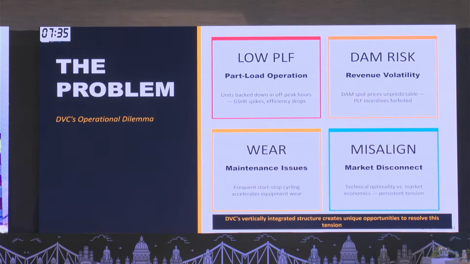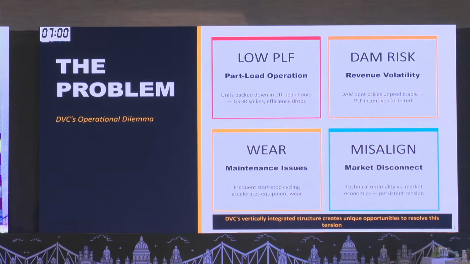So the problem can be shown like this: due to high solar penetration, particularly in the last 2 years, thermal units are increasingly forced to operate at part load, often near technical minimum, and this leads to higher heat rate, increased auxiliary consumption and loss of efficiency, ultimately reducing the PLF and forfeiting the PLF benefits.